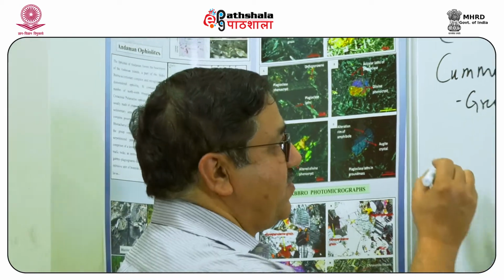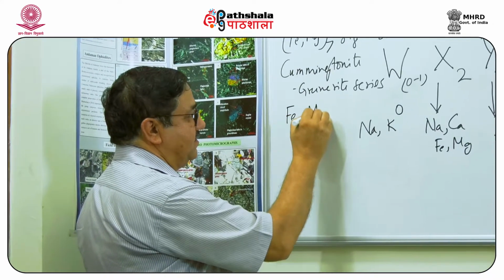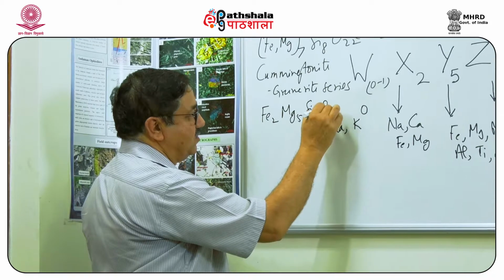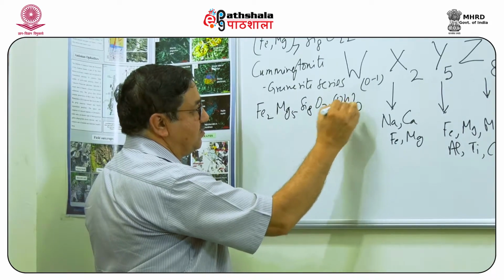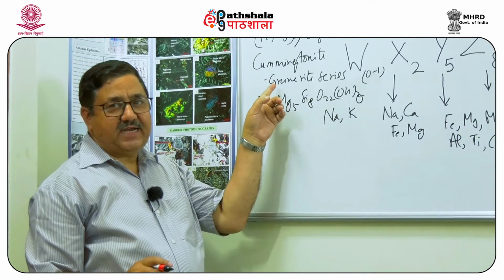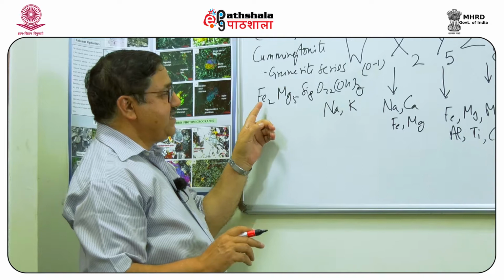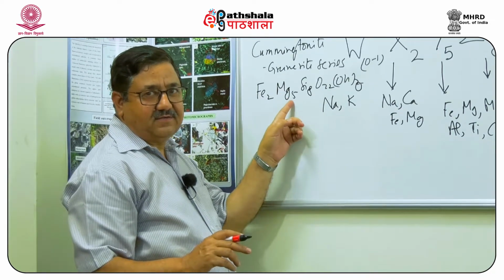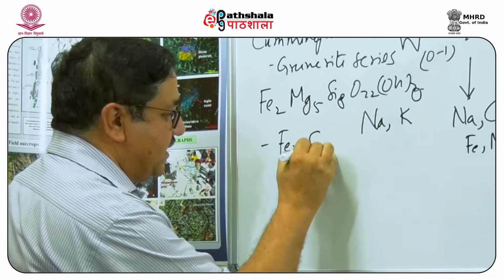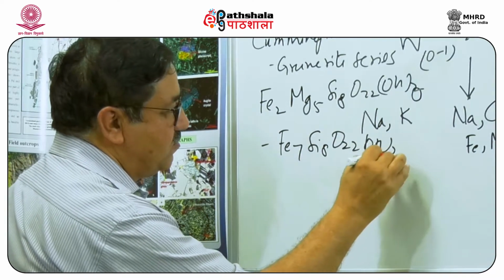The cummingtonite formula can be written as Fe2Mg5Si8O22(OH)2. And grunerite is the iron end member of this, where this entire thing is iron. It becomes Fe7Si8O22(OH)2.